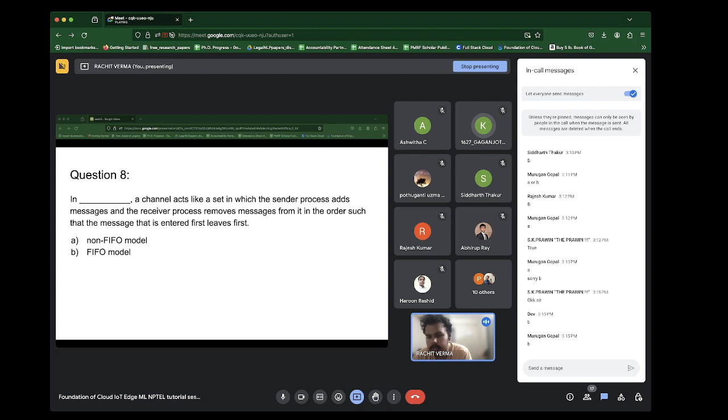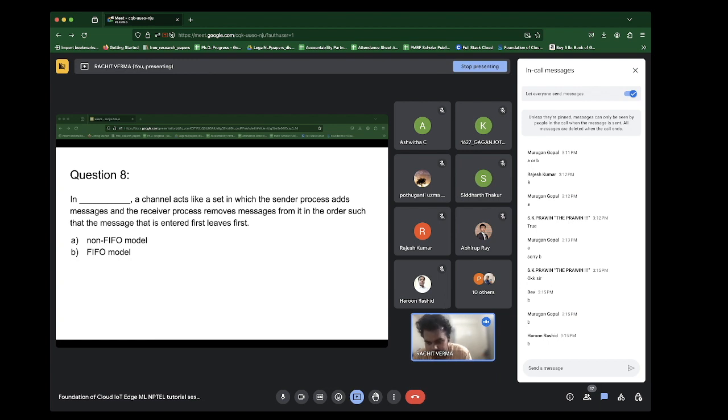So for those of you who don't know, FIFO stands for first in, first out, right? Another model is last in, first out, and you can also assign priorities in other ways, such as using priority queues. Over here the comparison is between first in, first out and non-first in, first out.